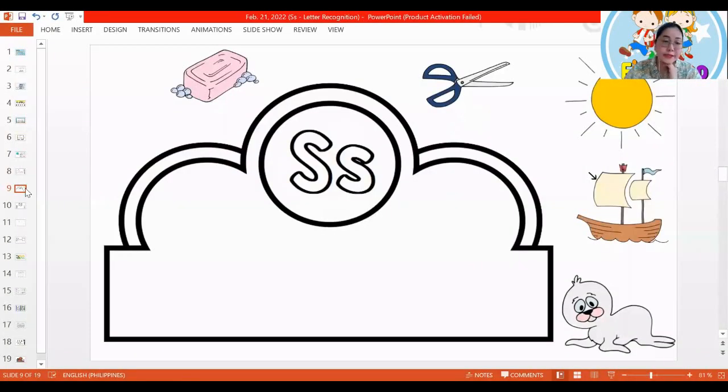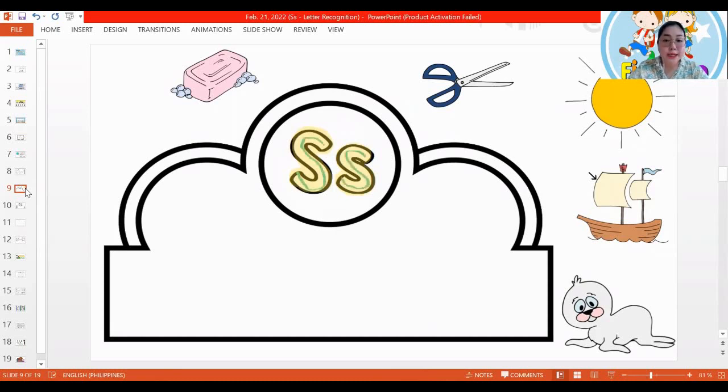Now that we're already done with our Play-Doh mat, let's get our letter S hat. So let's start with tracing our letter S, the capital letter S, and the lowercase letter s on our alphabet hat. Our letter S hat.